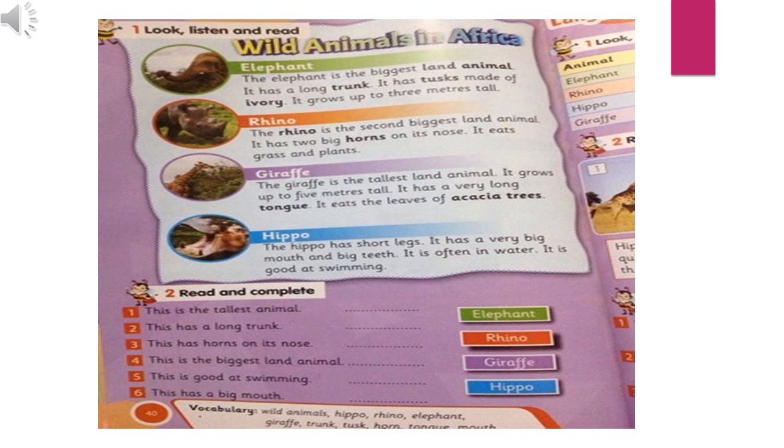Let's start. Elephant. The elephant is the biggest land animal. It has a long trunk. It has tusks. How many? 2 tusks. Made of ivory.